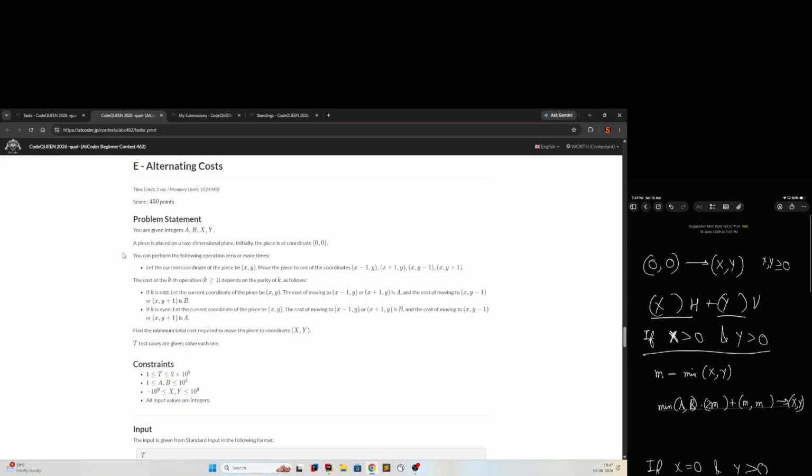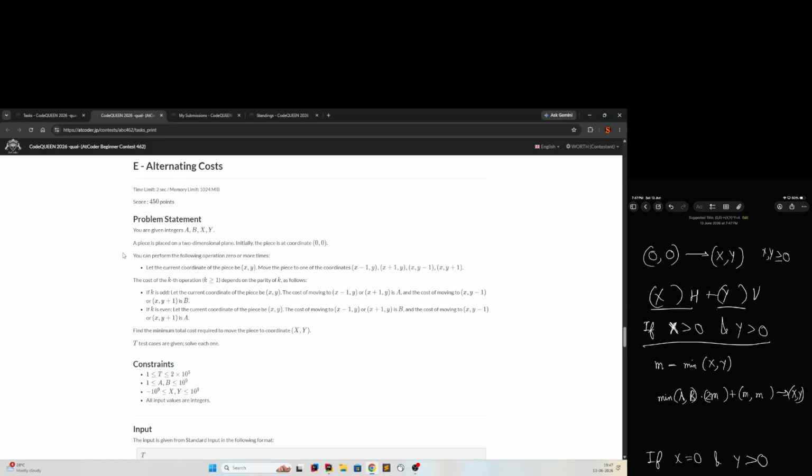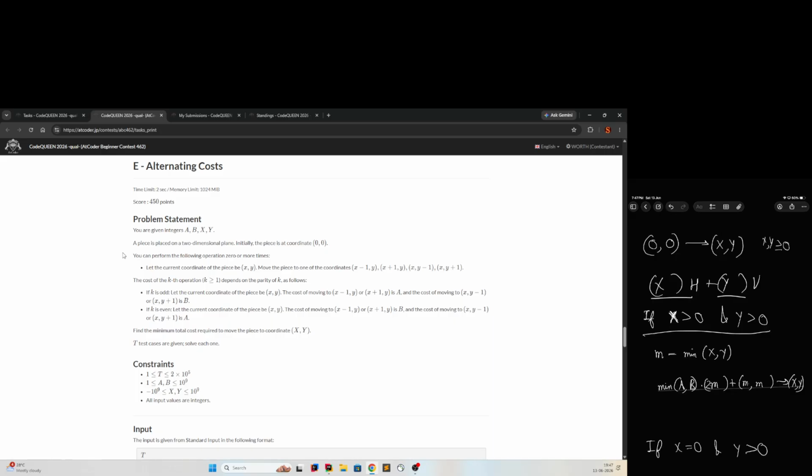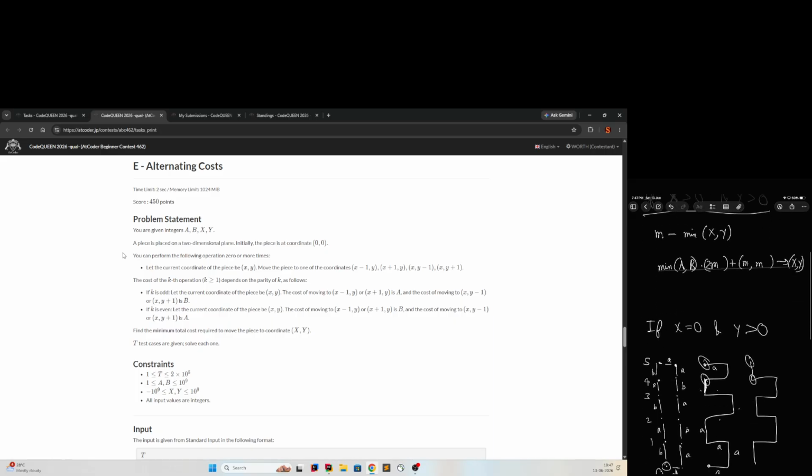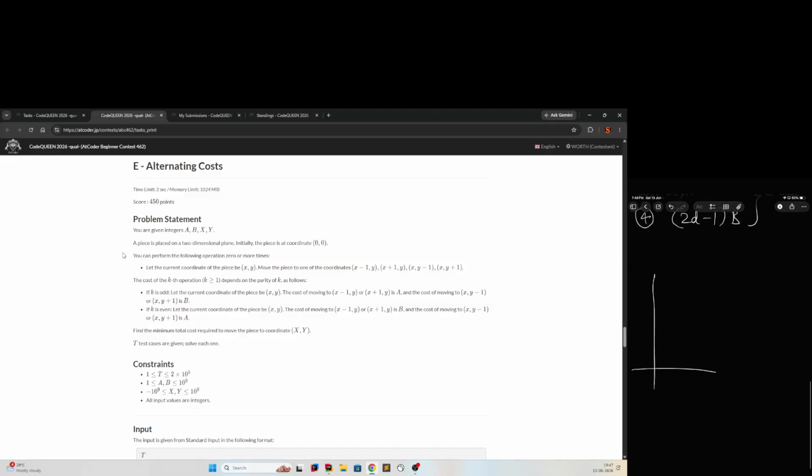Okay. Coming back to the idea, we make x horizontal movements and y vertical movements. Now, if we have to make both movements, then let's say we start from here and we have to go to some place here. So let's say this is x, y, and I'm assuming that x is greater than y for this one. So this is y, this is x, this is y.